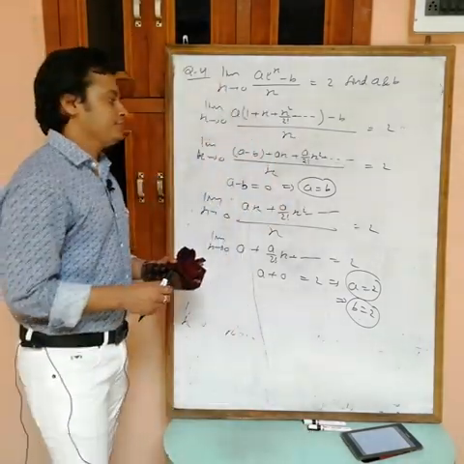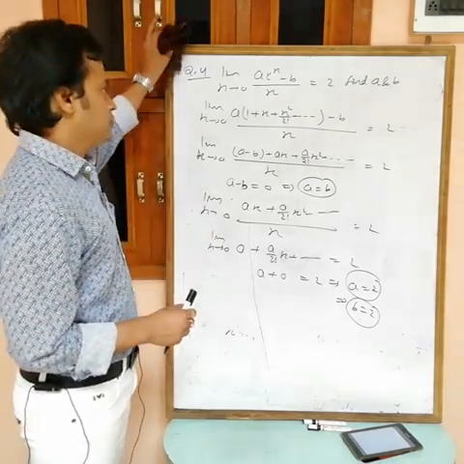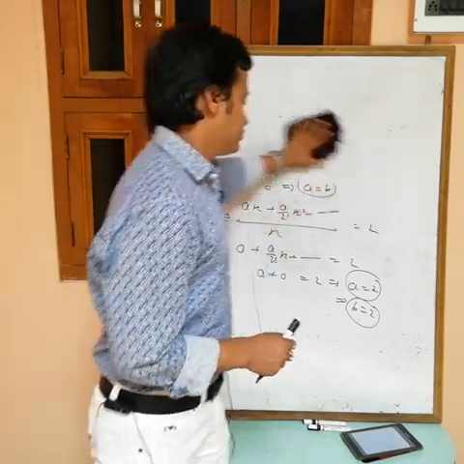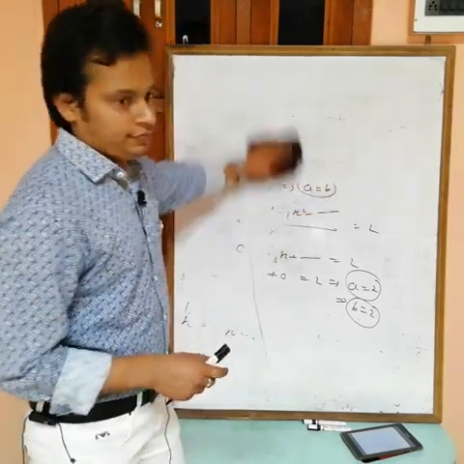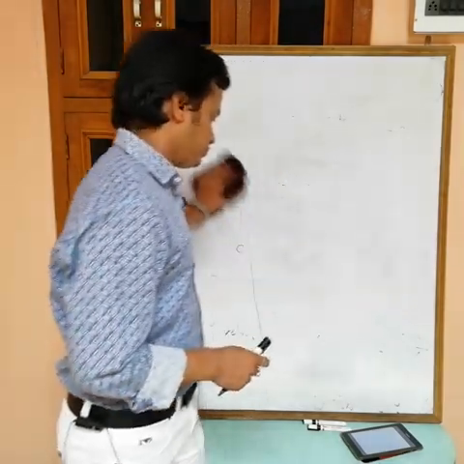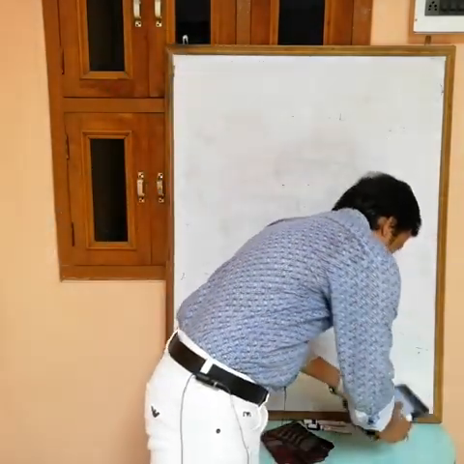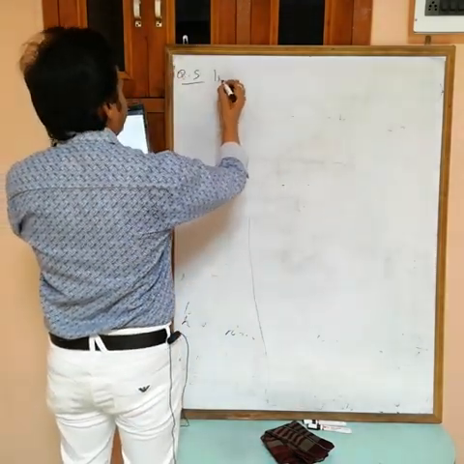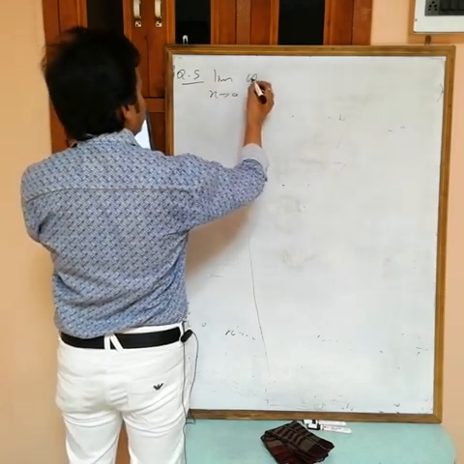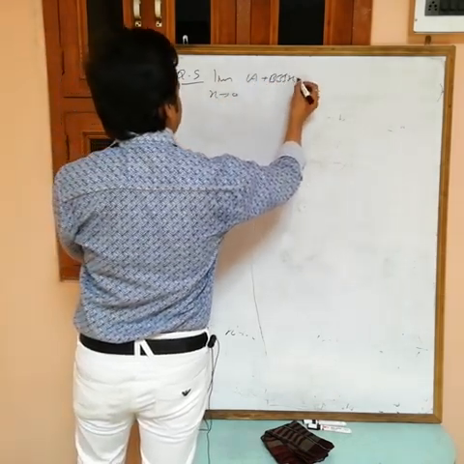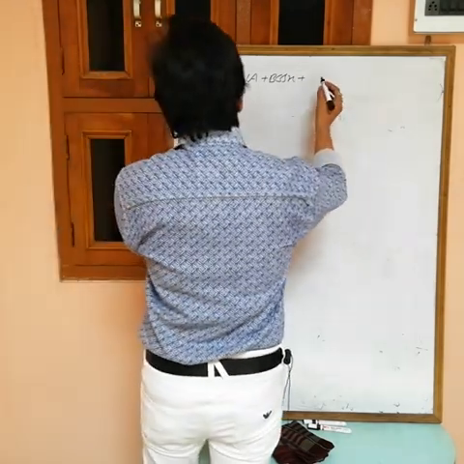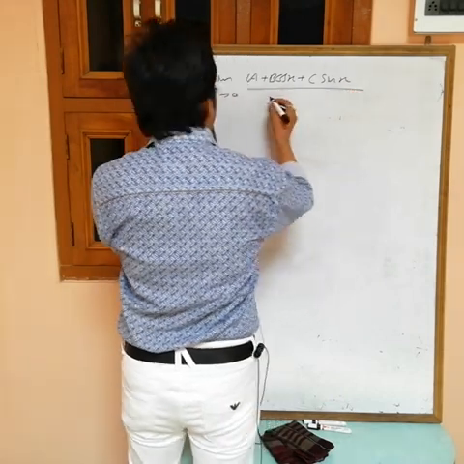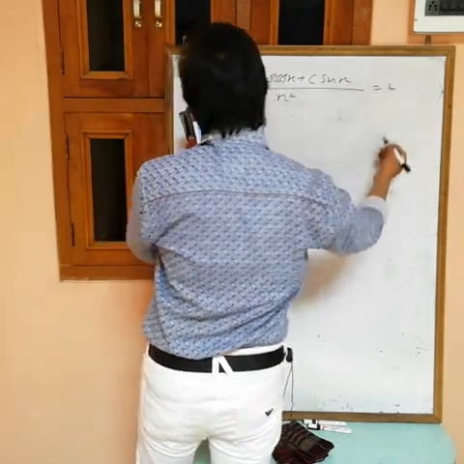Okay, now write down the next one. Limit x tending to 0 of a plus b cos x plus c sin x, divided by x square, is equal to 2.